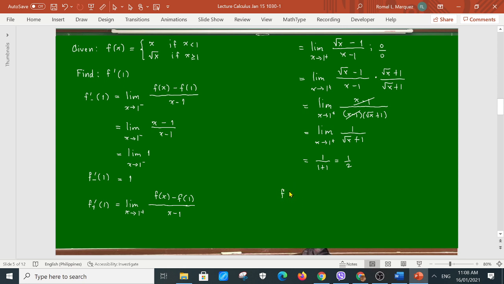So f prime from the left at x equals 1 is not equal to the derivative at x equals 1 from the right. So therefore, we conclude that f prime at 1 does not exist. Okay?